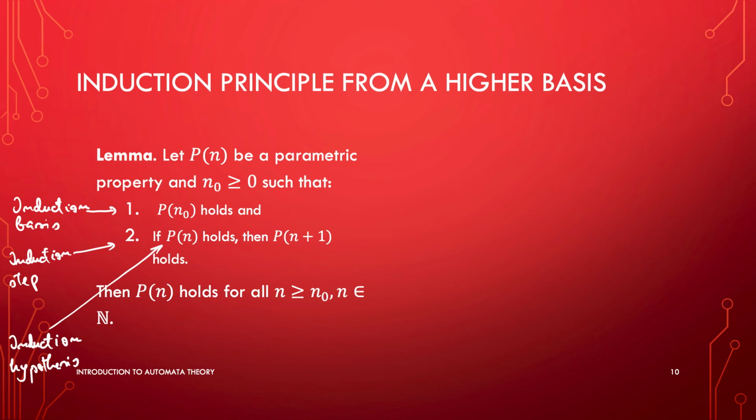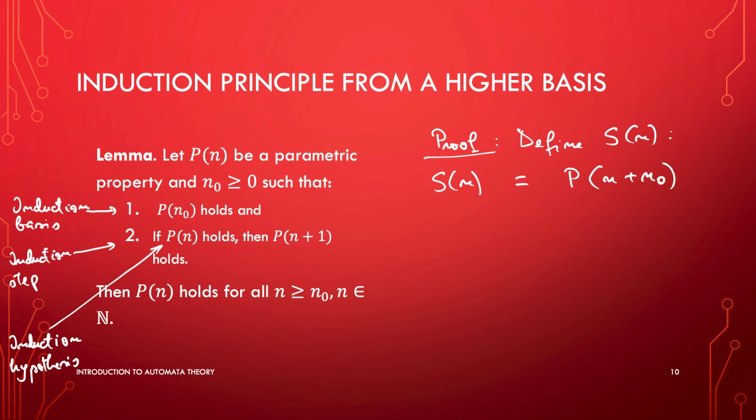So again, I want to prove this result for you, and I'm going to prove it using the standard formulation of the induction principle. The way I do that is as follows. I'm going to define a property S of n to be exactly equal to property P applied to n plus n0.